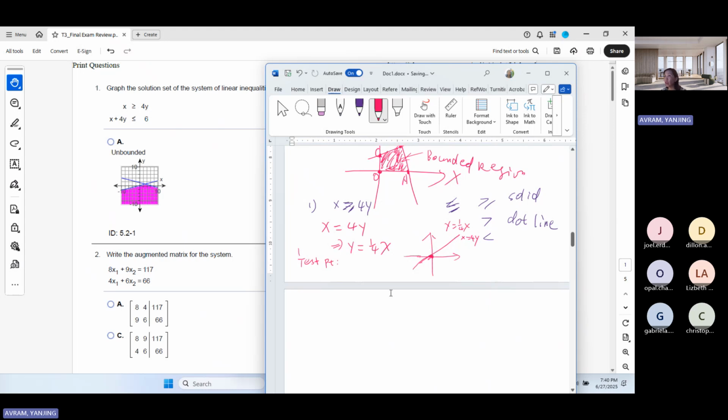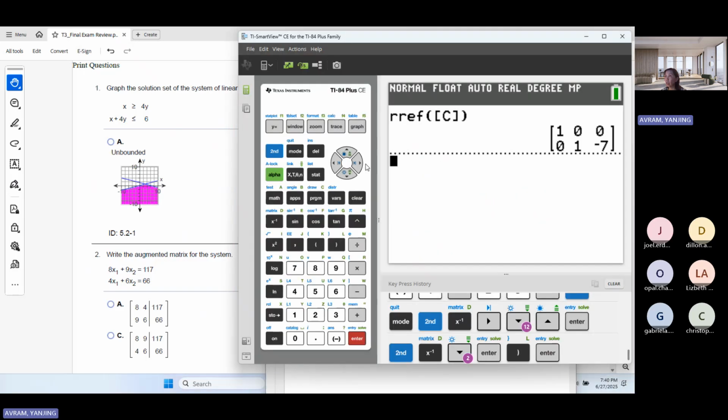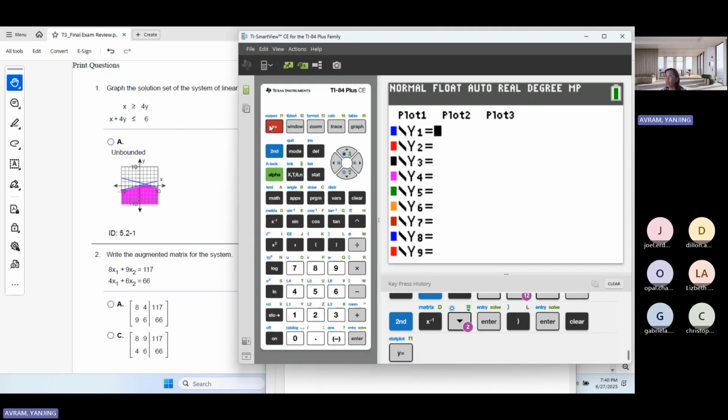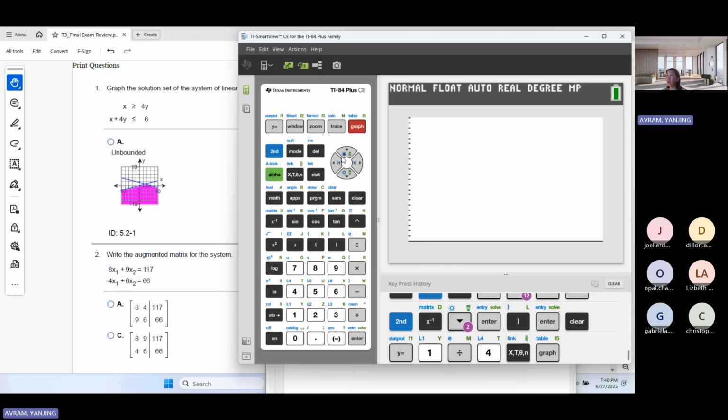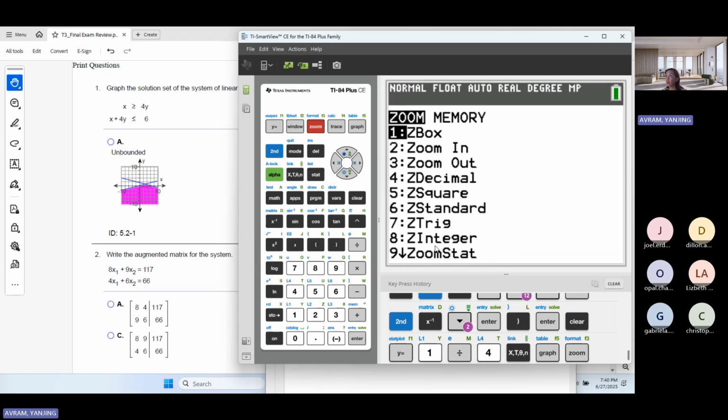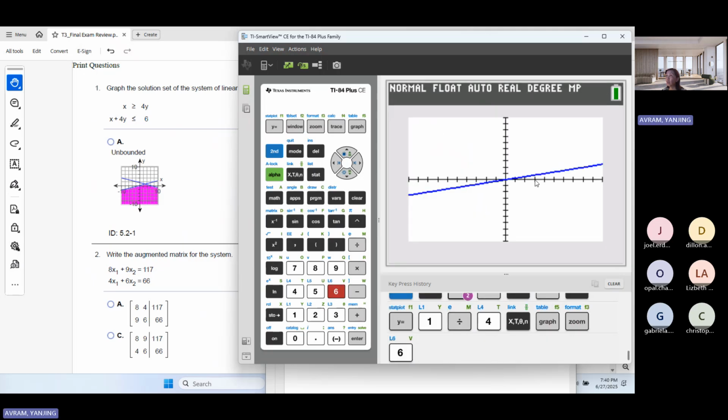Let me choose my standard window. All right, so that is my y equal to 1 over 4x. You do have to solve for y in order to graph.